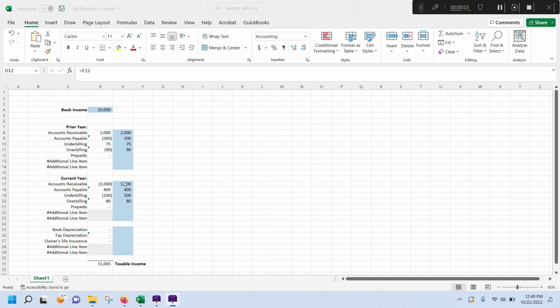Now, prepaids, like your prepaid insurance, is typically the main balance related to the prepaid line item. Current year cash was transacted, right? On GAAP basis, that's an asset. You haven't incurred the cost. You've paid for it, but you're going to receive some future benefit from it, so you can't recognize that expense. So assuming your prepaids are $15, that's a reduction to the book income, which is one of the easiest ones to comprehend.